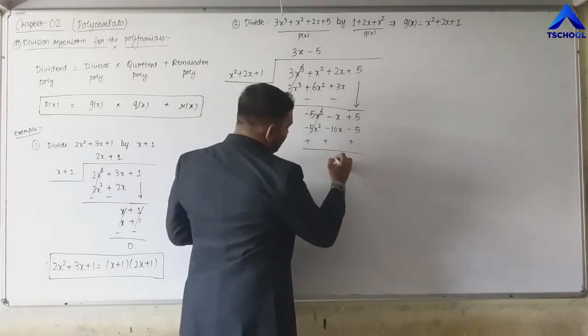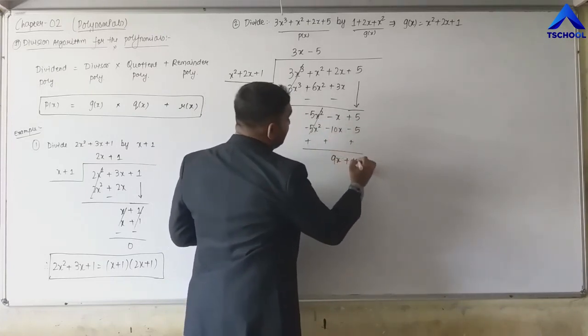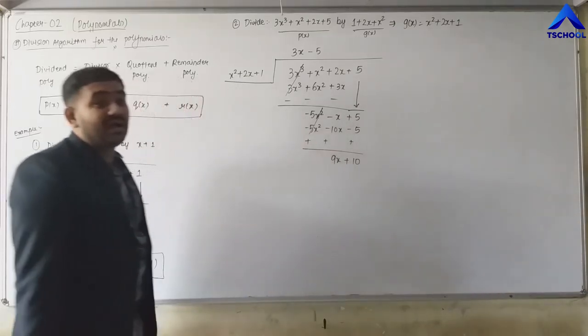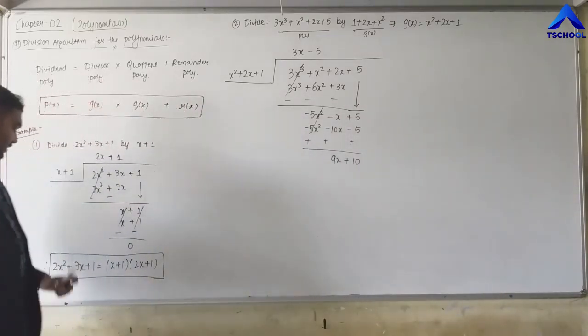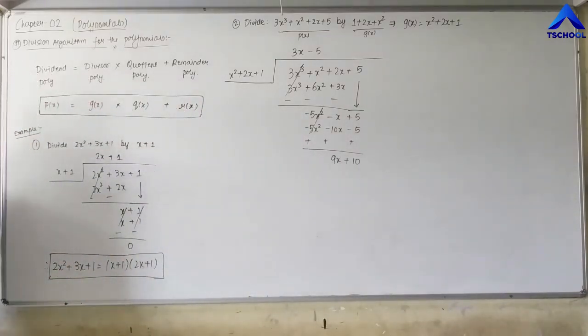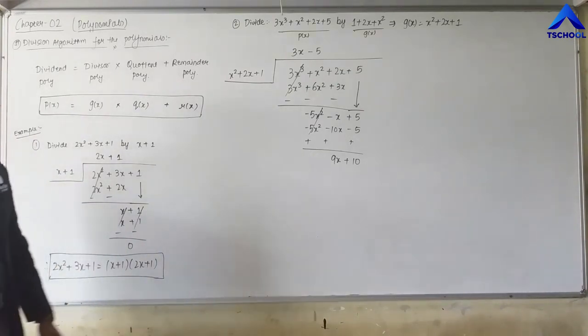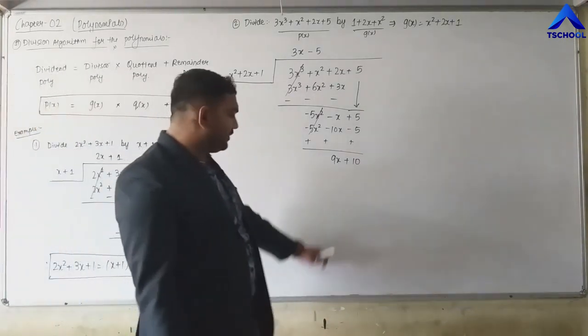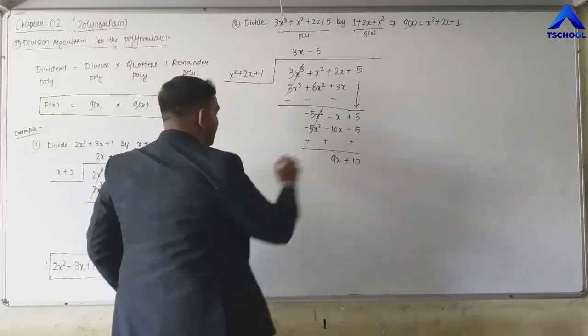Minus x plus 10x is 9x plus 10. Note that we have a remainder here. In the first case, we had the remainder as 0. But in this case, the remainder is 9x plus 10.